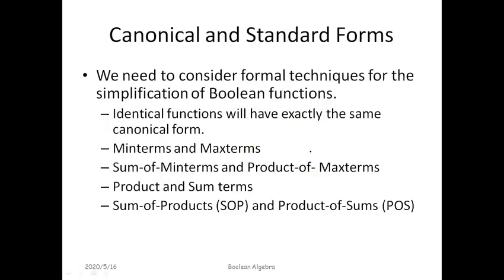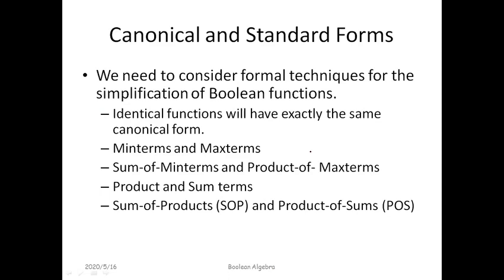Let's look at this segment, the canonical and standard forms. We need to consider formal techniques now for the simplification of Boolean functions. In this segment, we'll ensure that identical functions will have exactly the same canonical forms.